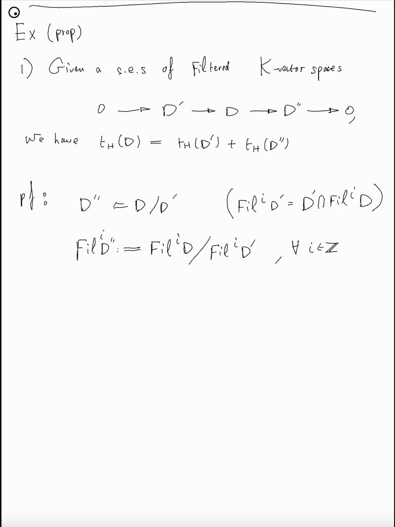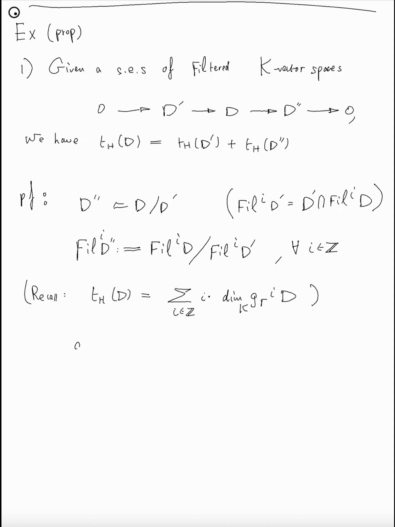Now, what we care about is, recall, our formula: Hodge number of D equals the sum over all integers I of I times the dimension of the graded piece, as a K vector space. So we're going to compute this, right?